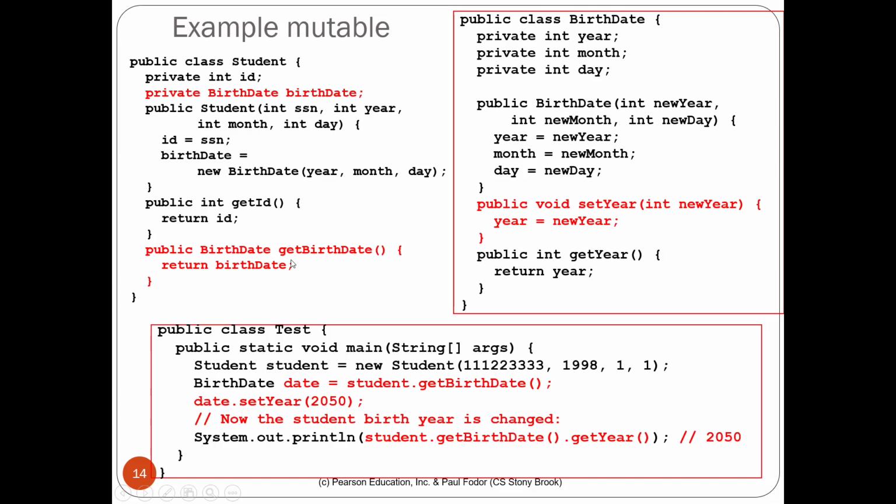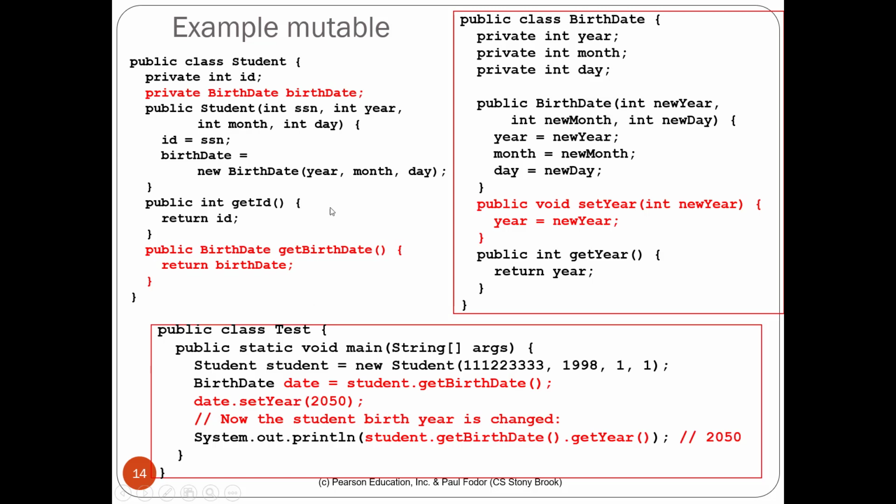Now what can happen? We are using this fact and creating a date reference which is of type BirthDate class. How do we do that? You use the student object and you call student.getBirthDate. So the BirthDate object reference will be copied into date.